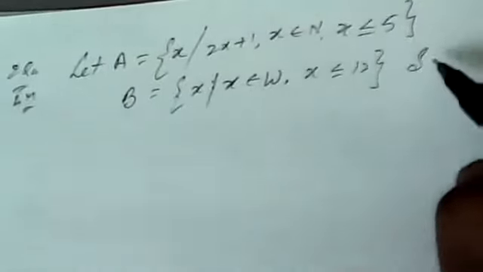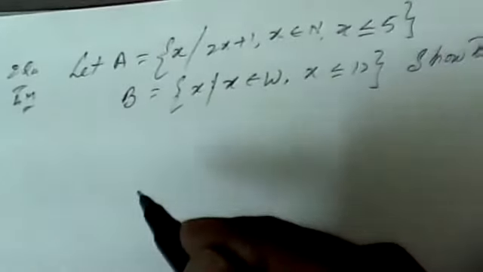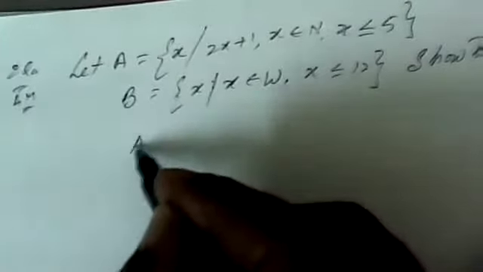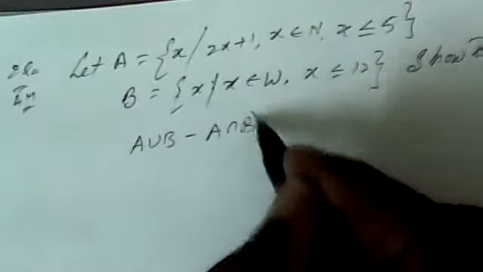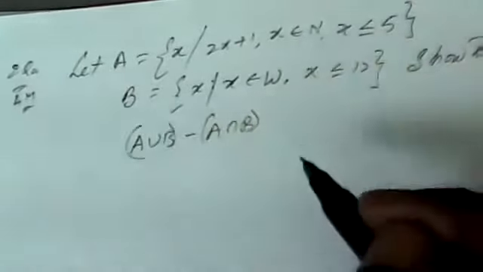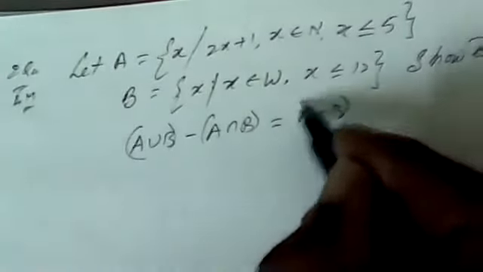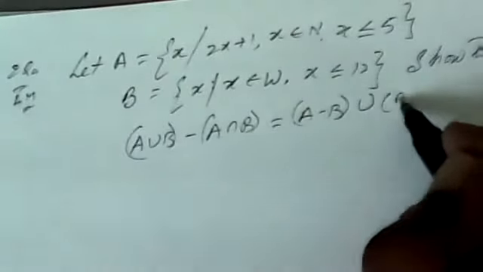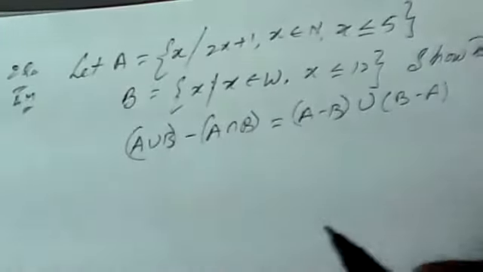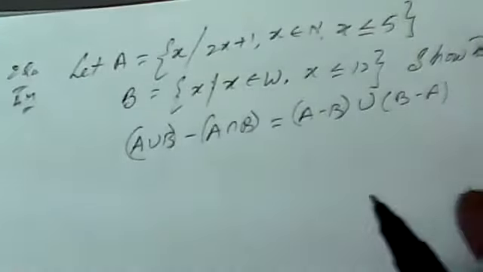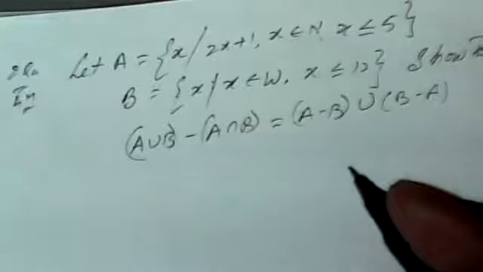Show that A union B minus A intersection B is equal to A minus B union B minus A. So A union B minus A intersection B or A minus B union B minus A, we have already studied that this is a symmetric difference.